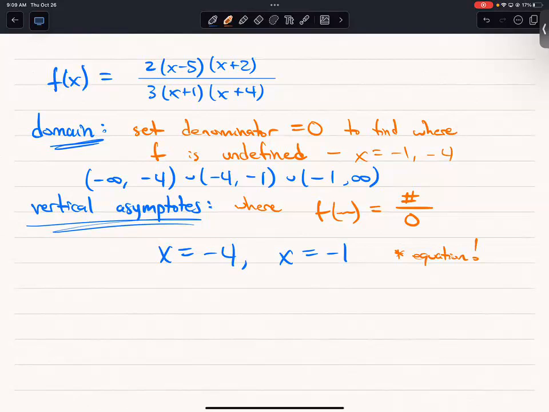If you had something where you would get 0 over 0, so something where you have a common factor that shows up in the top and the bottom, it's still not in the domain. There's still a discontinuity there because it's still undefined, but having this factor in the top and bottom, they kind of balance each other out a little bit.